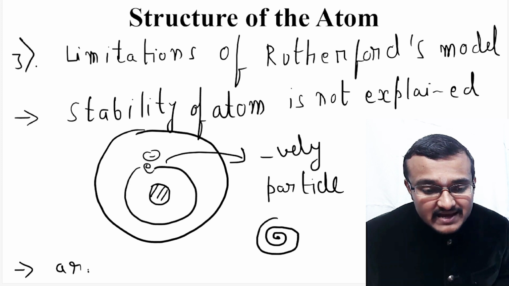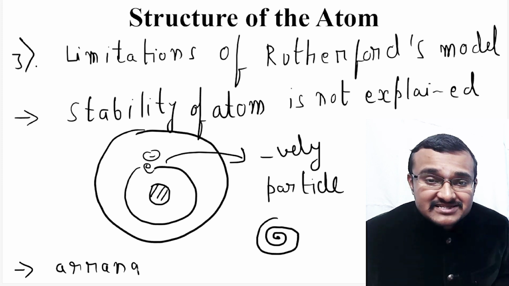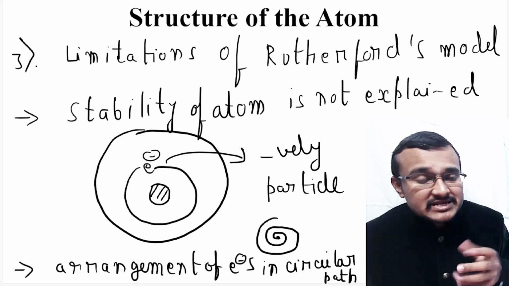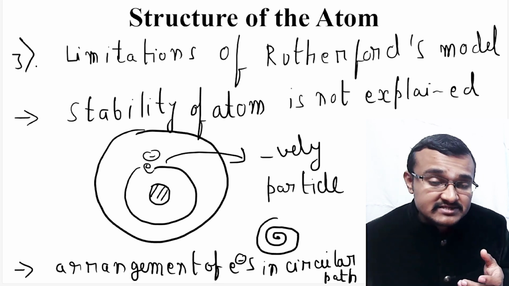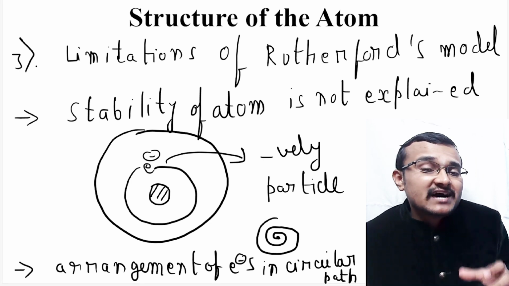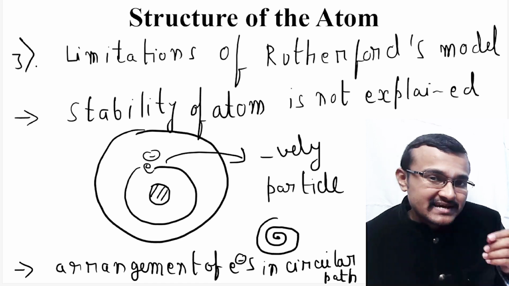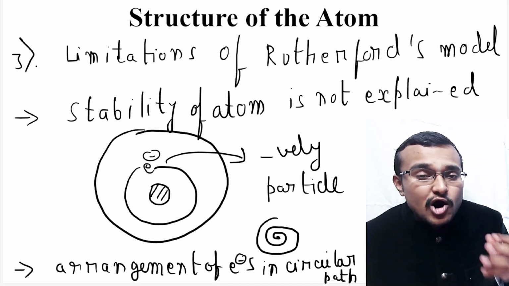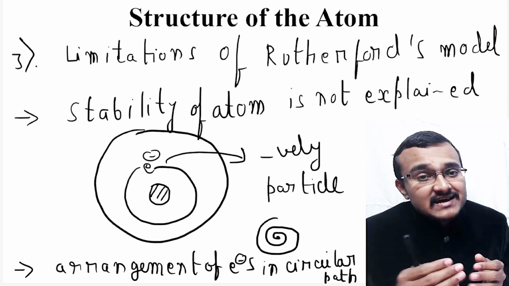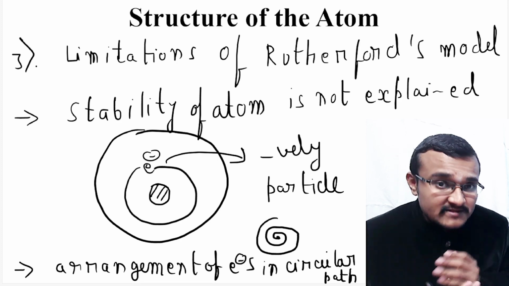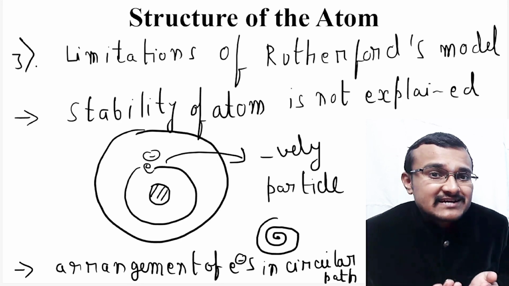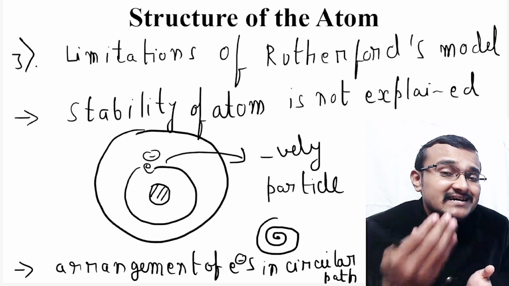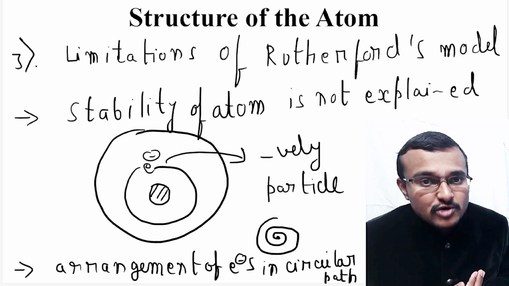How are the electrons arranged in the circular path? Because you have multiple electrons present in the higher elements. How do all these electrons follow a circular path? Do all the electrons follow the same circular path or different circular paths, or in what manner are the electrons moving? This arrangement of electrons in that circular orbit is not explained in Rutherford's atomic model.